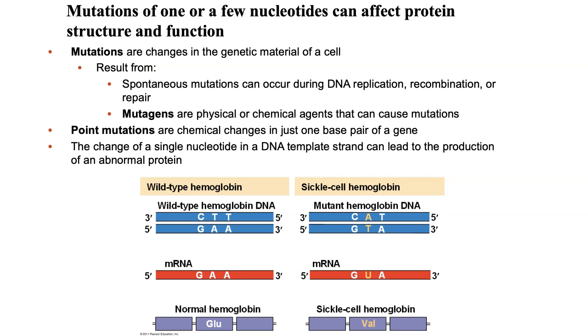So let's look at point mutations first. A point mutation is a change in just one base pair of a gene. Let's look at this example that we have here. We're looking at the protein hemoglobin, which is involved with carrying oxygen through your blood. So we have wild-type hemoglobin, which is the good hemoglobin, and we have the sickle cell hemoglobin.